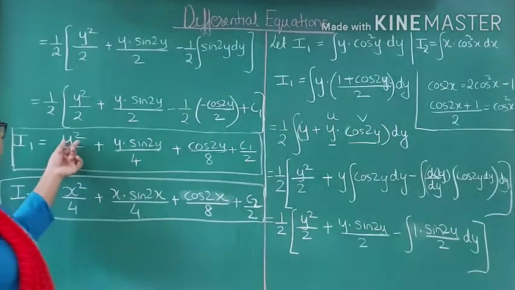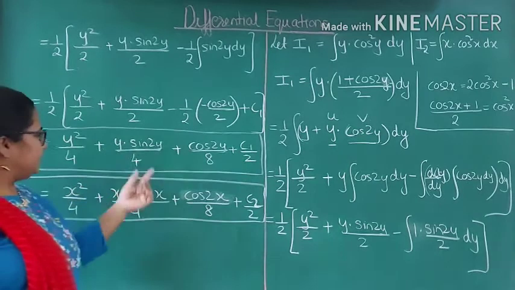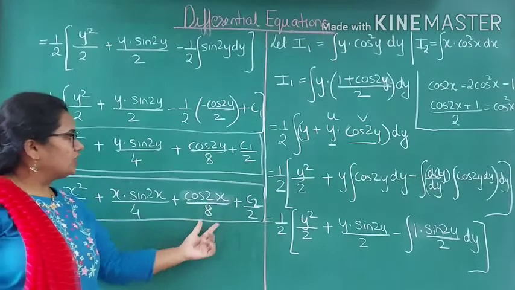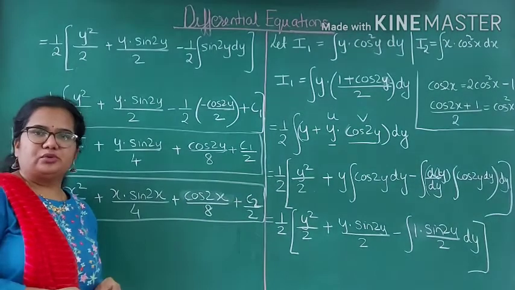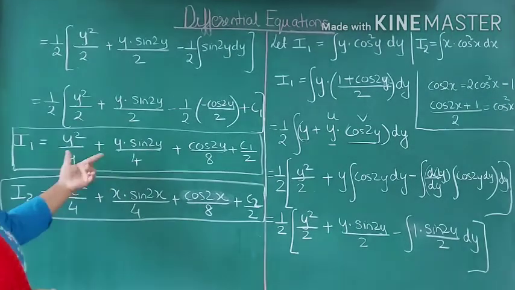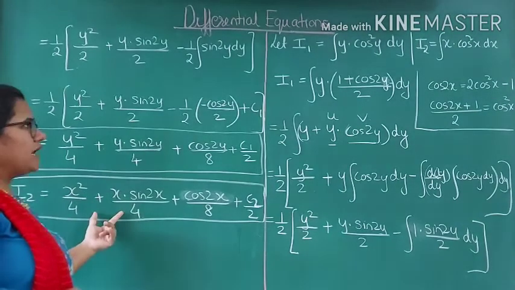So replace y by x: x square upon 4, x sin 2x upon 4 and cos 2x upon 8. Understood till here? We have found I1 and we have found I2.